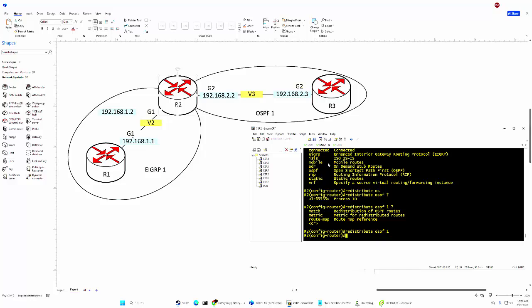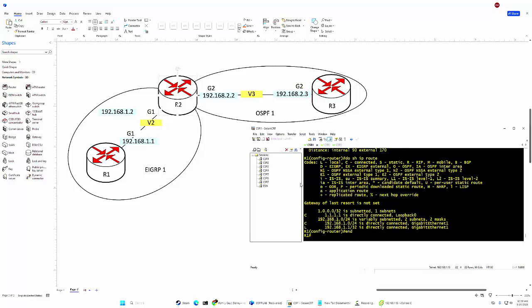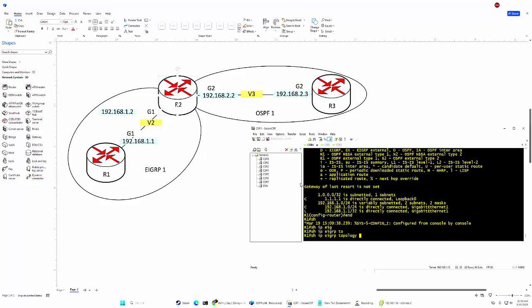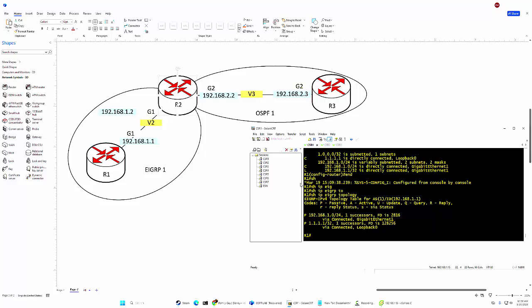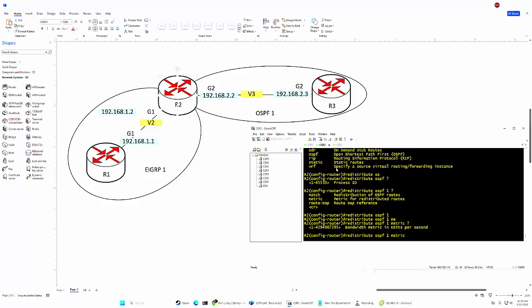But this command is incomplete because with EIGRP, we must identify... Let's go back over here. It's not even in the EIGRP topology table. I would expect it to be in there, but it's not, because we have to define a metric with EIGRP.